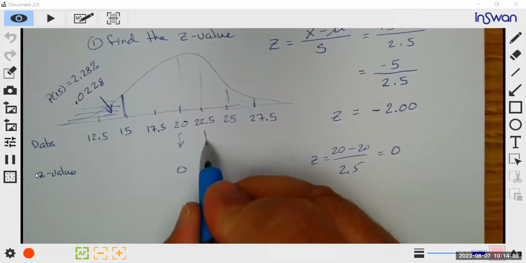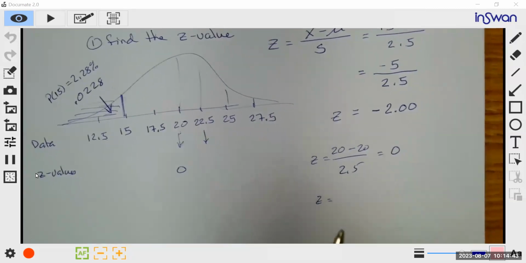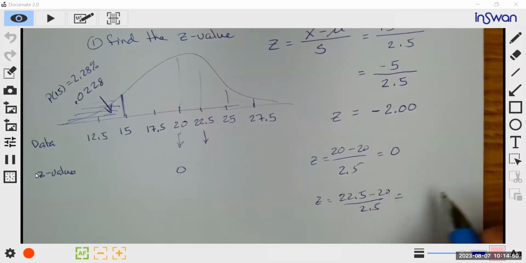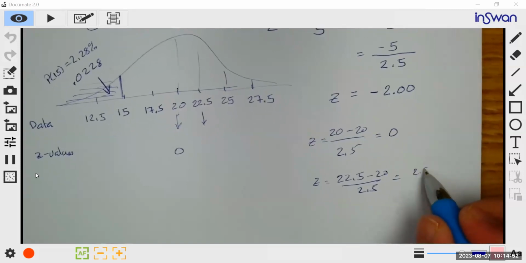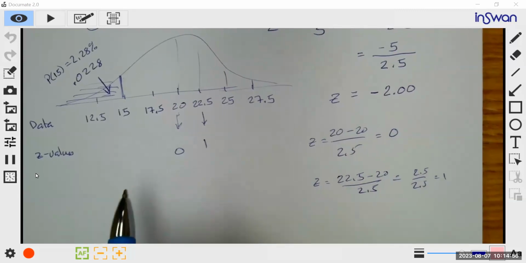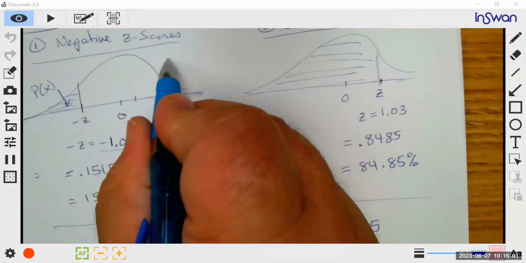And this one here is 22.5 minus the mean over 2.5. So it's 2.5 over 2.5, which is 1. Remember, our chart said our standard deviations are 1.